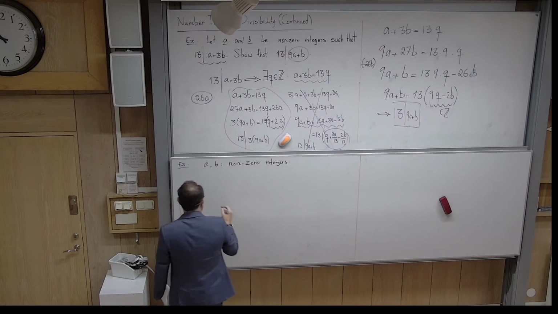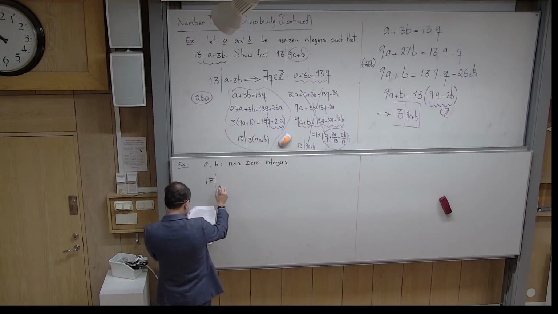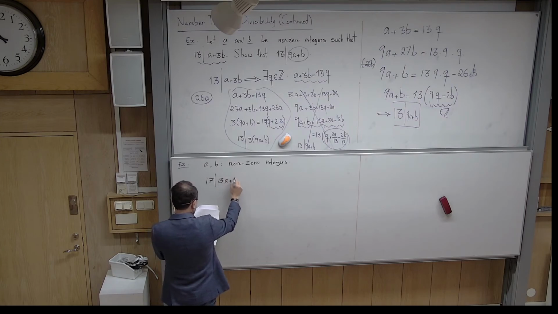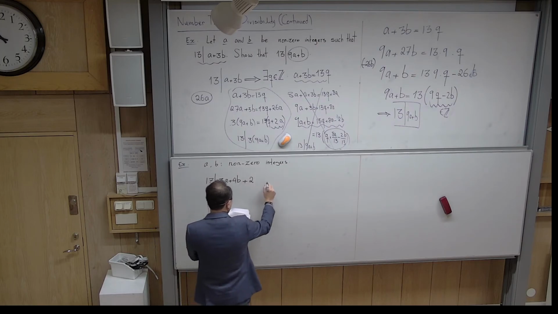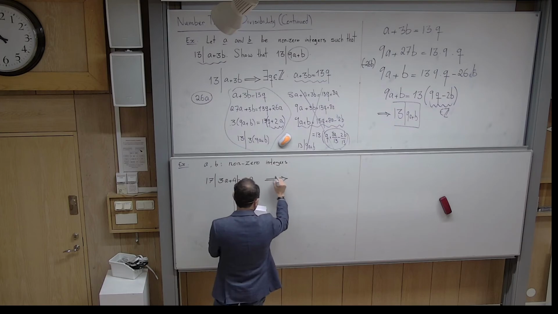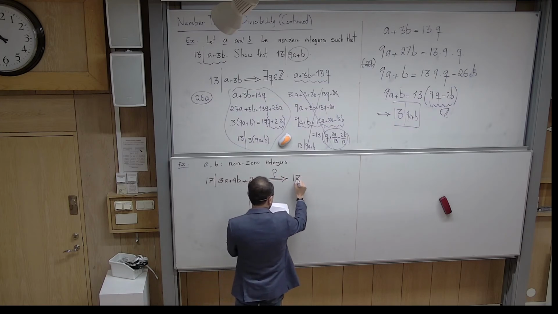And then I tell you that 17 divides 3a plus 4b plus 2, and then I am asking you to prove that 17 also divides this combination.